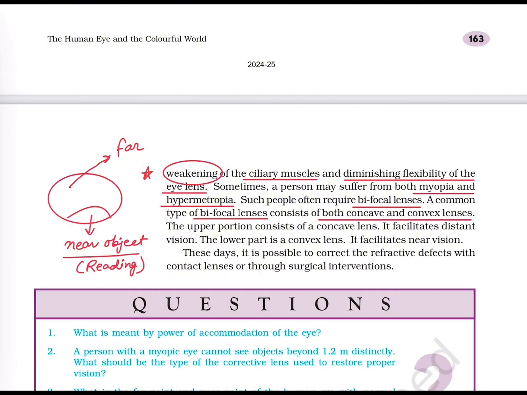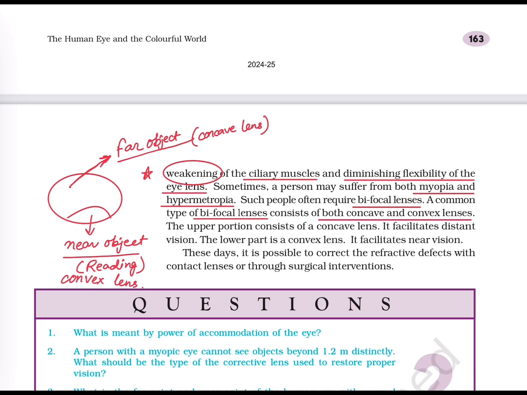And for observing far object, they have the upper part of the lens. These objects which are at far distance require concave lens, and to read objects at near distance we require convex lens.